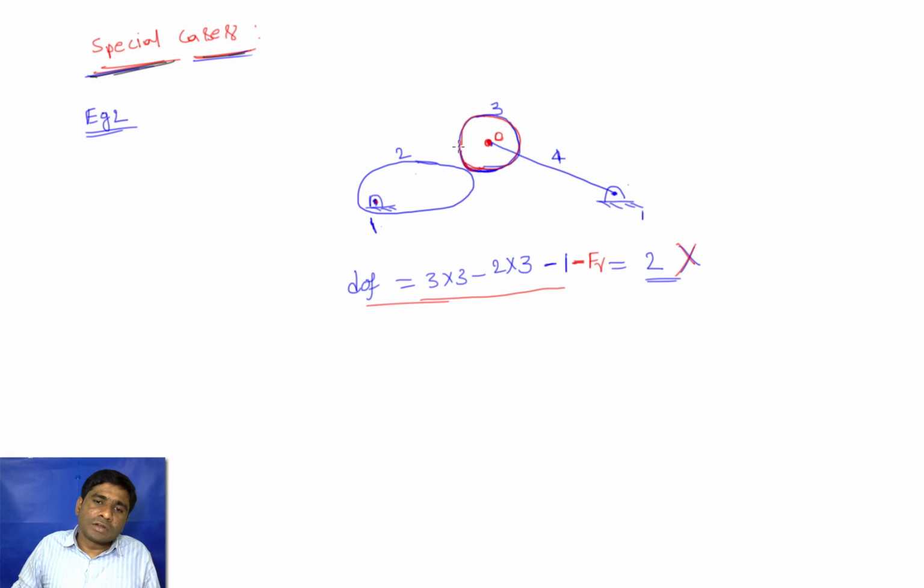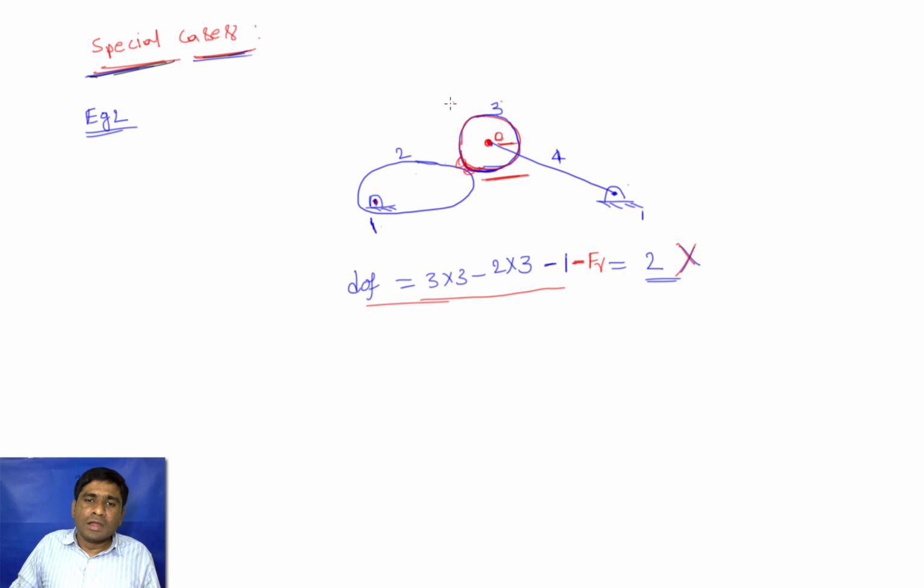So if, instead of this simple disc, I put some teeth on this one and on this cam, then if I rotate this link 3 about the O, that motion will be automatically transmitted to the cam. But in this case, the teeth are absent. So when I rotate this 3 about this point O, it simply slides on the cam 2. So this motion is in no way transmitted to any link in the mechanism.